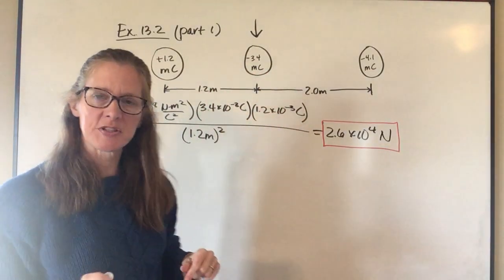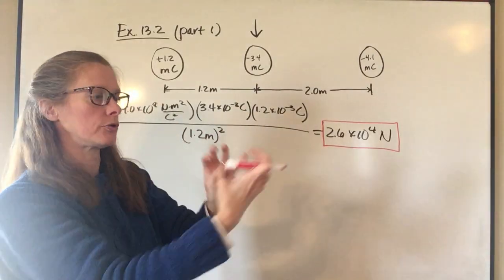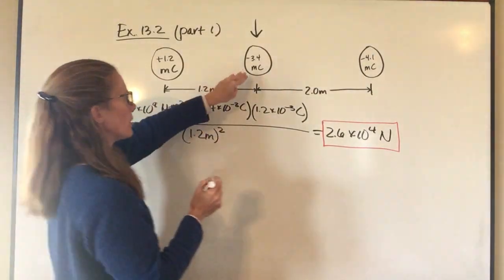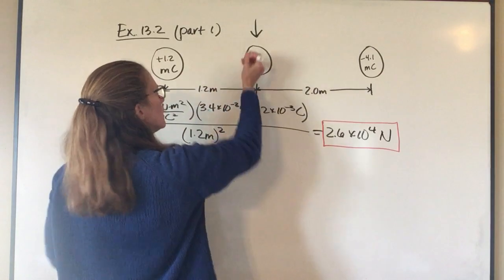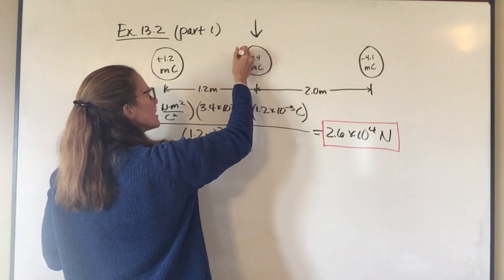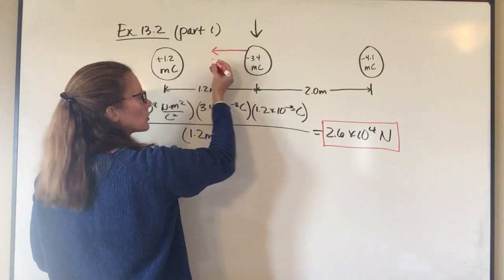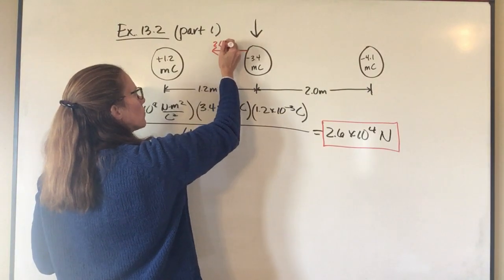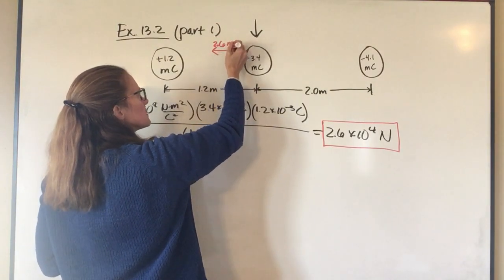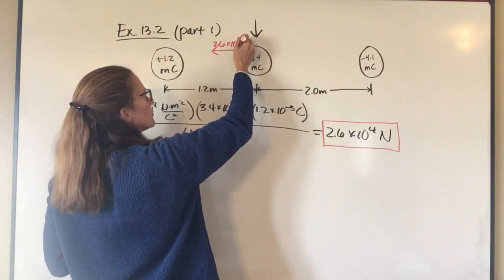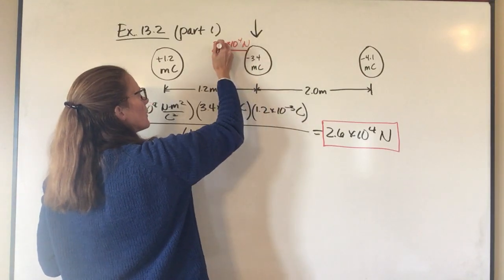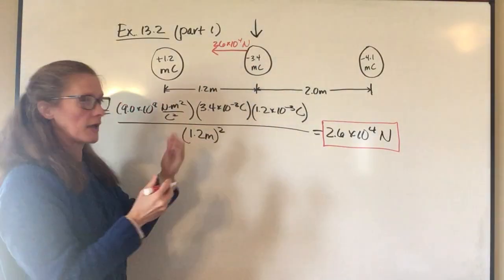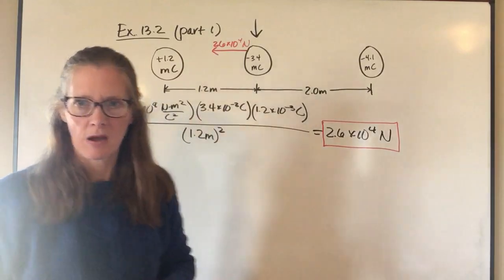We said that opposites attract, so they're going to be pulled toward one another. So if I'm looking at this particle, then I'm going to have a force exerted on this particle with a quantity of 2.6 times 10 to the 4th newtons. So it's going to be going off to the left as we have it drawn up here, okay?